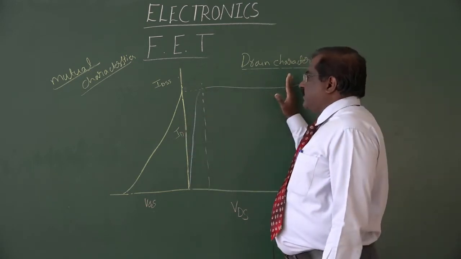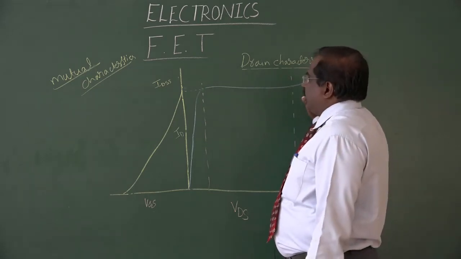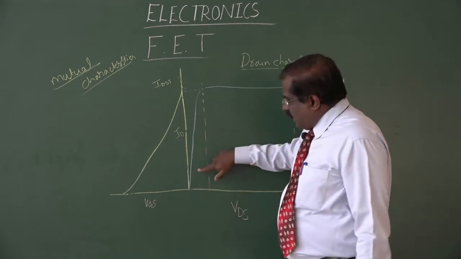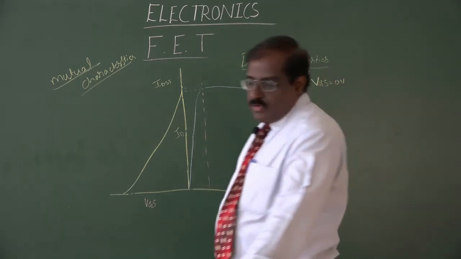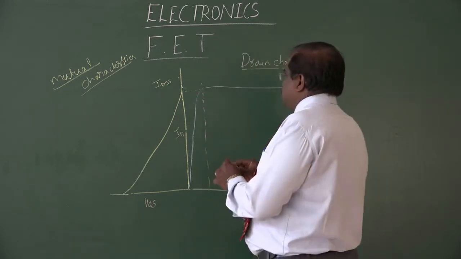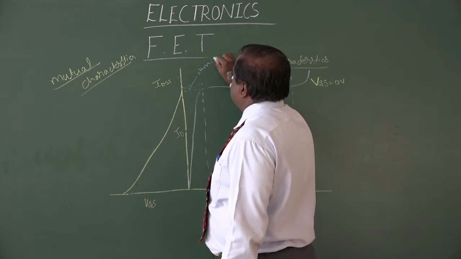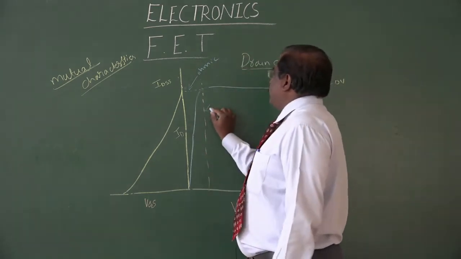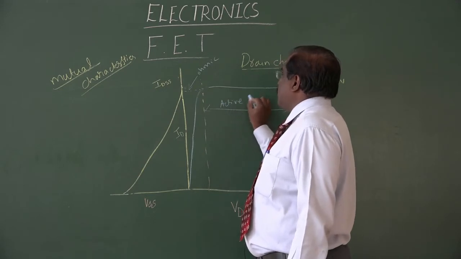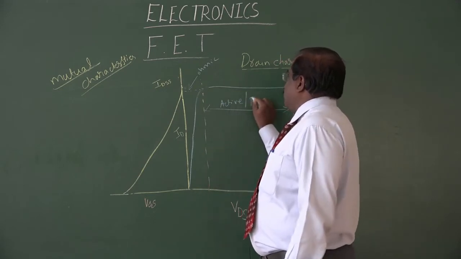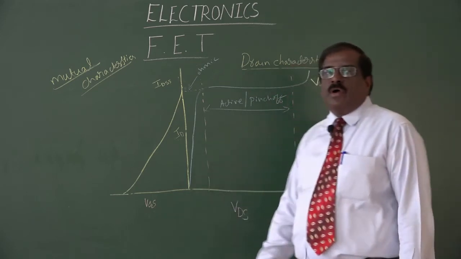Here it is the active region or pinch off region, and this is the breakdown region. Here as voltage increases, current increases. This part we call the ohmic region, and this part is what we declare as active or pinch off.